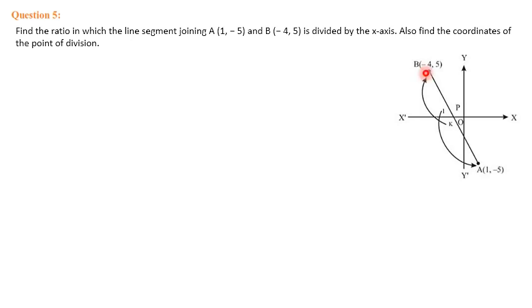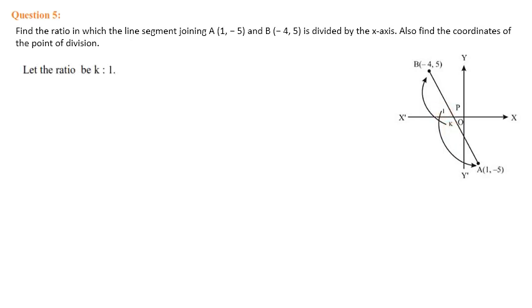So here the line segment AB is meeting the x-axis at this point P, and this point P is dividing the line segment in the ratio k is to 1. Once again, AB is a line segment meeting the x-axis at the point P, and P is dividing the line segment in the ratio k is to 1. This is our assumption.